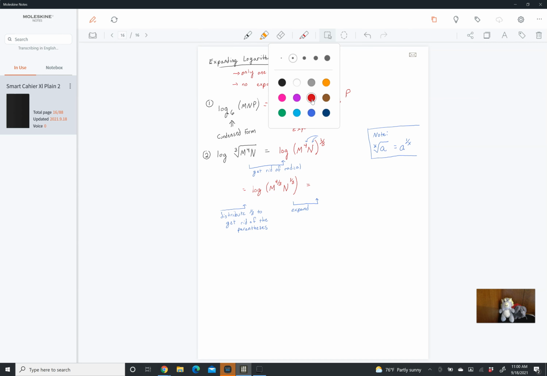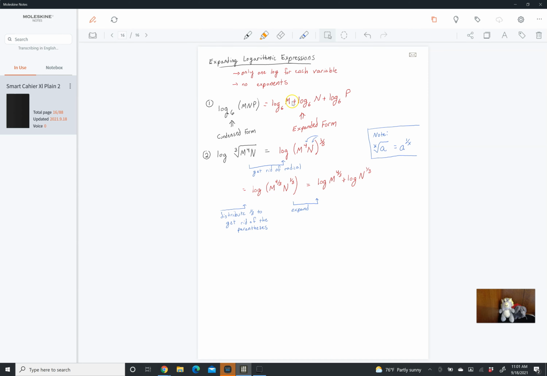This becomes log of m to the 4/3 plus log of n to the 1/3. Now we have one step left because there's only one log for each variable, right? There's a log for m and a log for n.